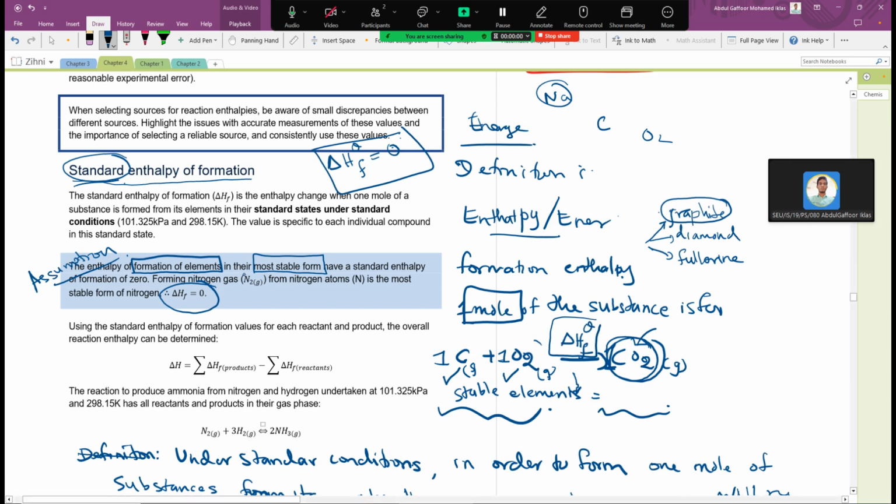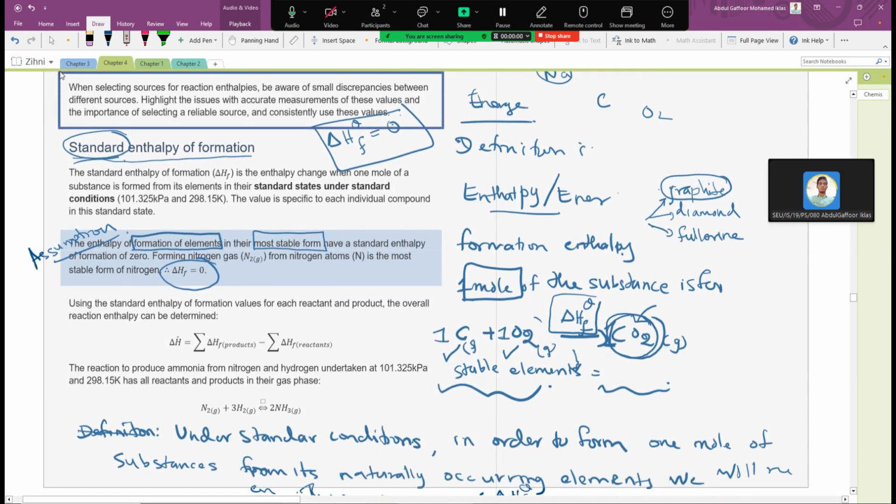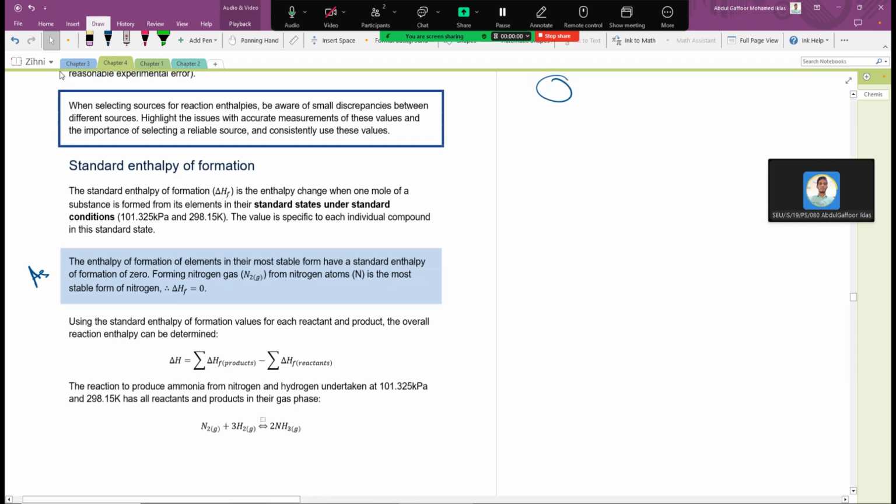So what I mean is, let me erase all this. Let's assume we take the reaction that we discussed in the question, A plus B gives you C. Now we have to find out the delta H for this reaction.